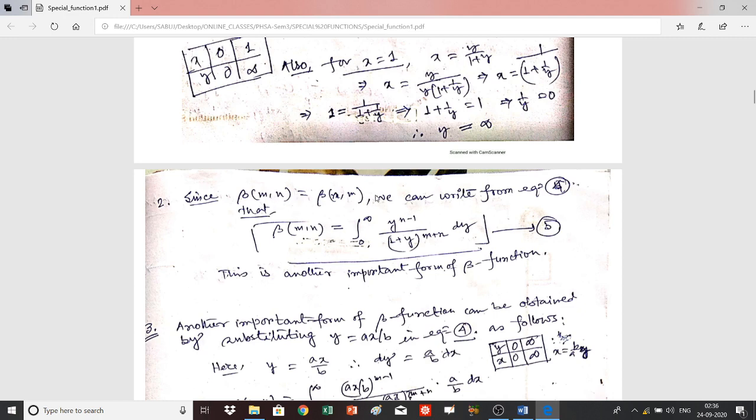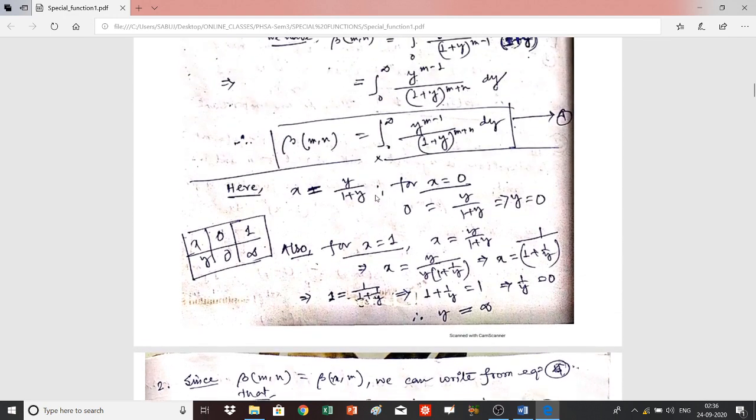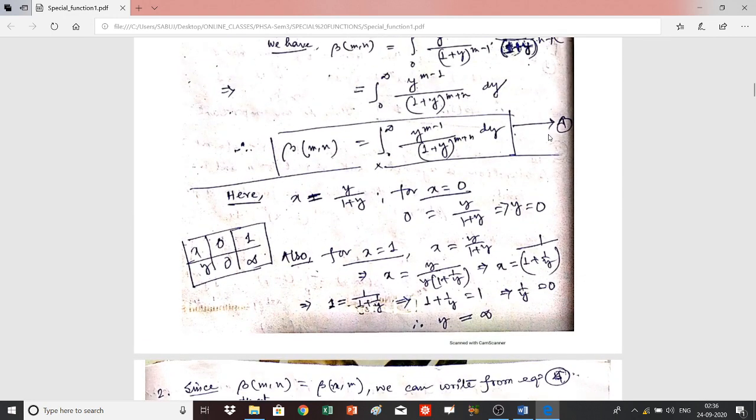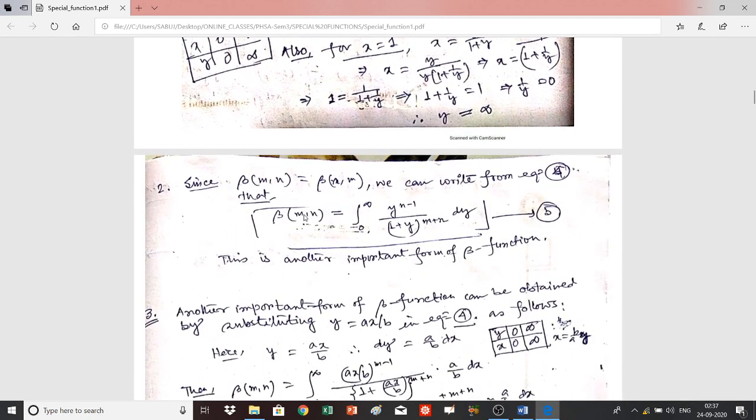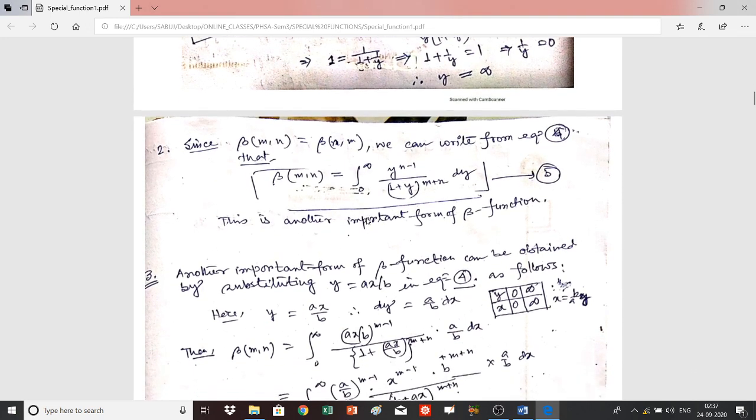So if we interchange the indices m and n in equation number 4, then we will get beta(n,m), which is equal to the integral from 0 to infinity of y to the power n minus 1 over (1 plus y) to the power m plus n dy. That is written here, that is beta(m,n) is equal to the integral from 0 to infinity of y to the n minus 1 by (1 plus y) to the m plus n dy. Only in this case m and n are interchanged because beta function preserves symmetricity.